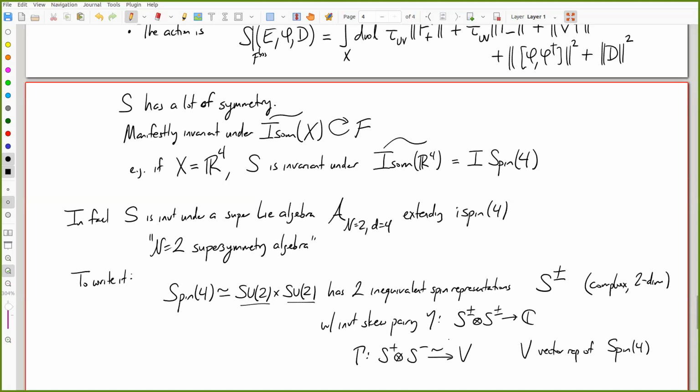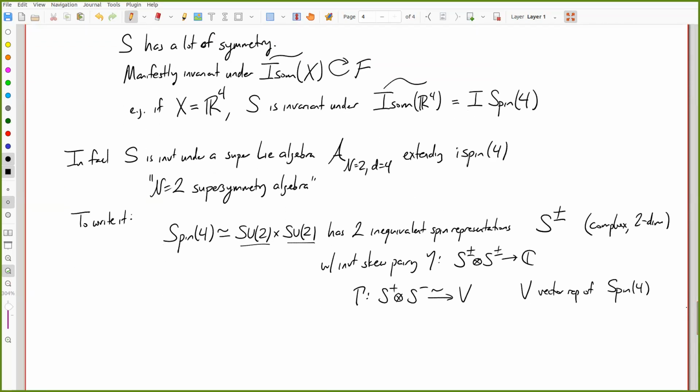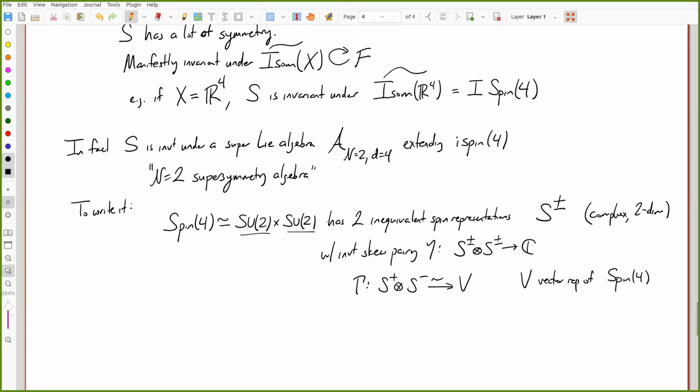Just using that group theory, we can write down this algebra. Because it contains I spin 4, it's a representation of I spin 4, and I'll write what its content is as a representation of I spin 4.